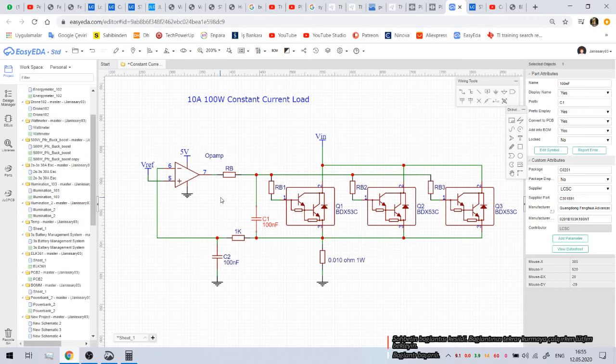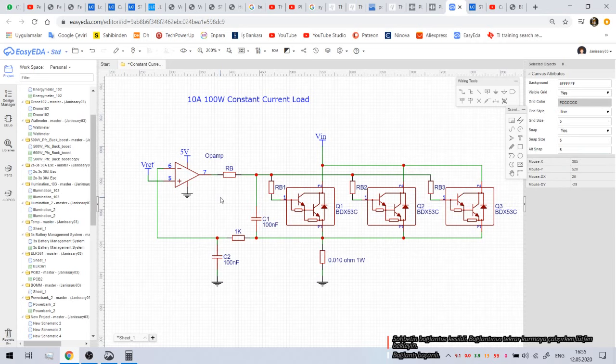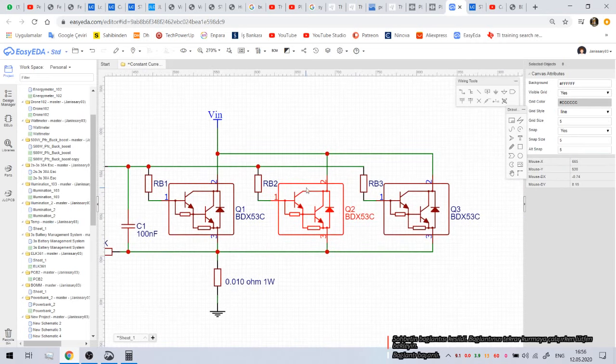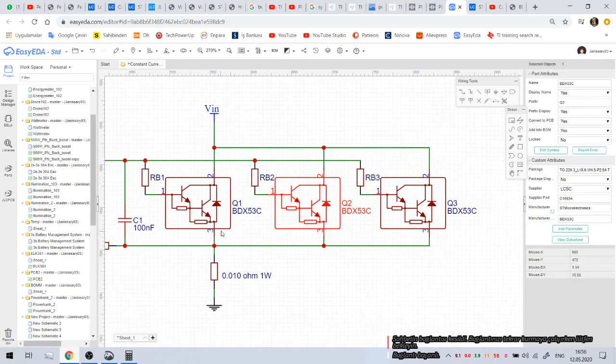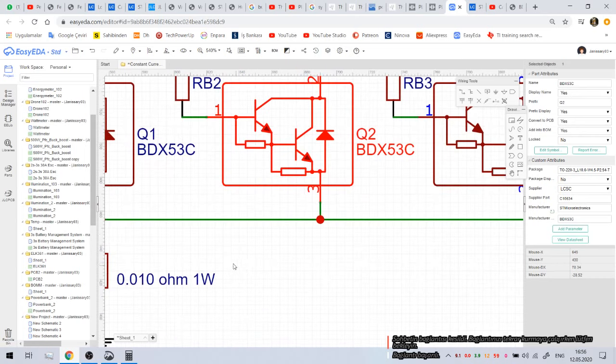What have we missed here? Yes. For equal sharing of the collector current, you can add resistors in series with all of these transistors, like this.